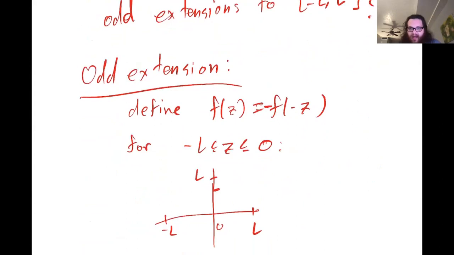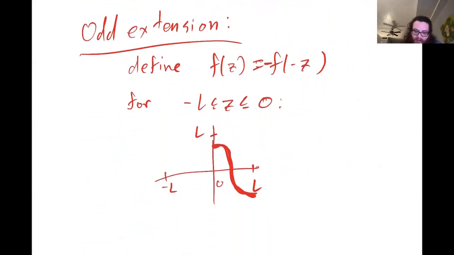As x goes up to L, we're going to get cosine of pi, which is negative 1. So we're going to get something like that. So that is f of x on the interval we're given.